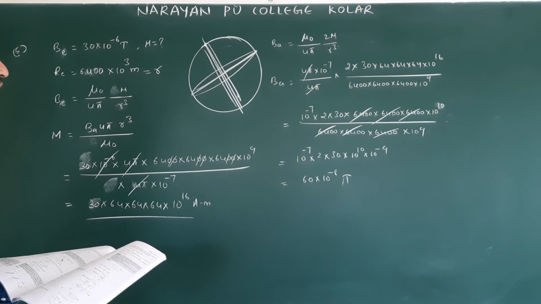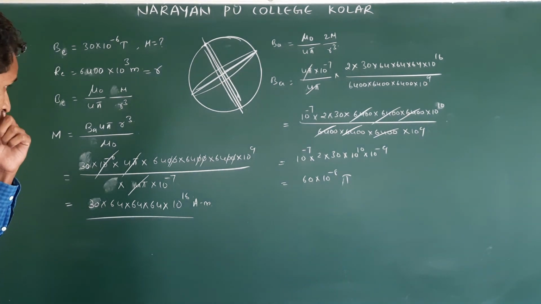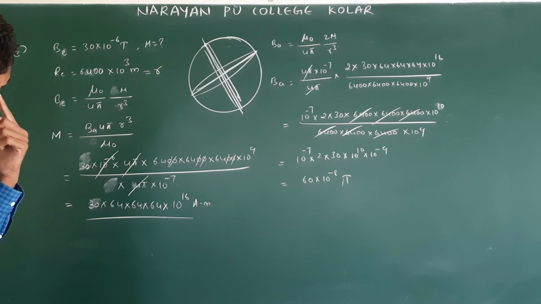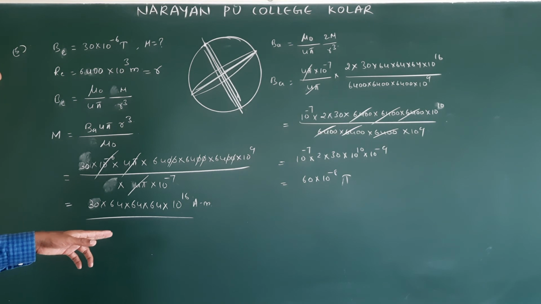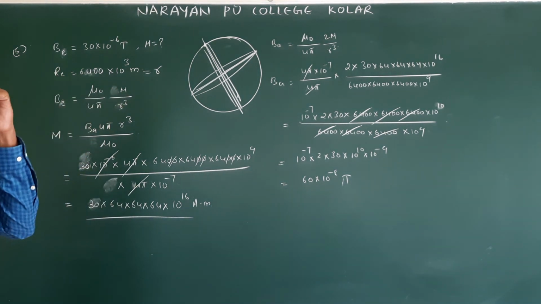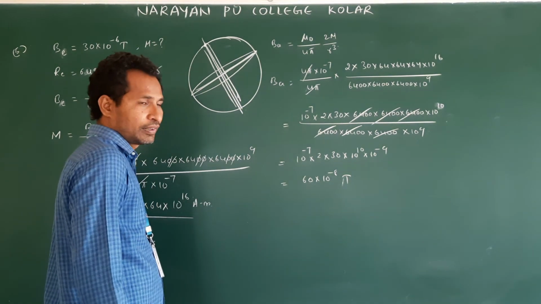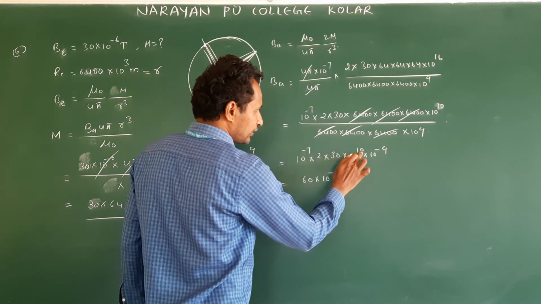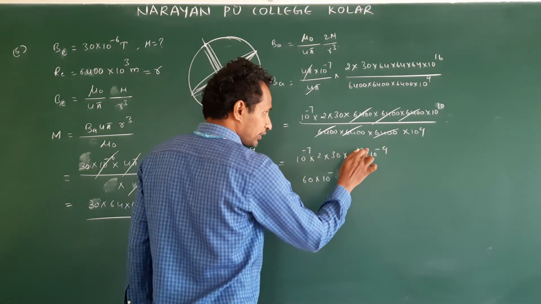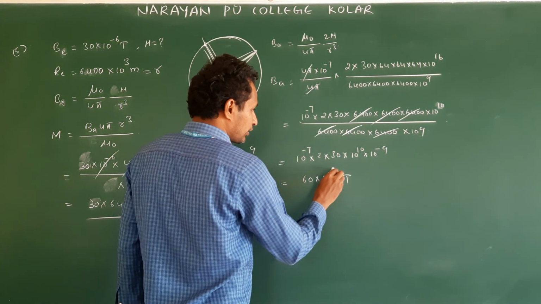Where did we go wrong? It is all correct, only the powers calculation is wrong. This is 10 power minus 9, and minus 7 plus 1. Correct.